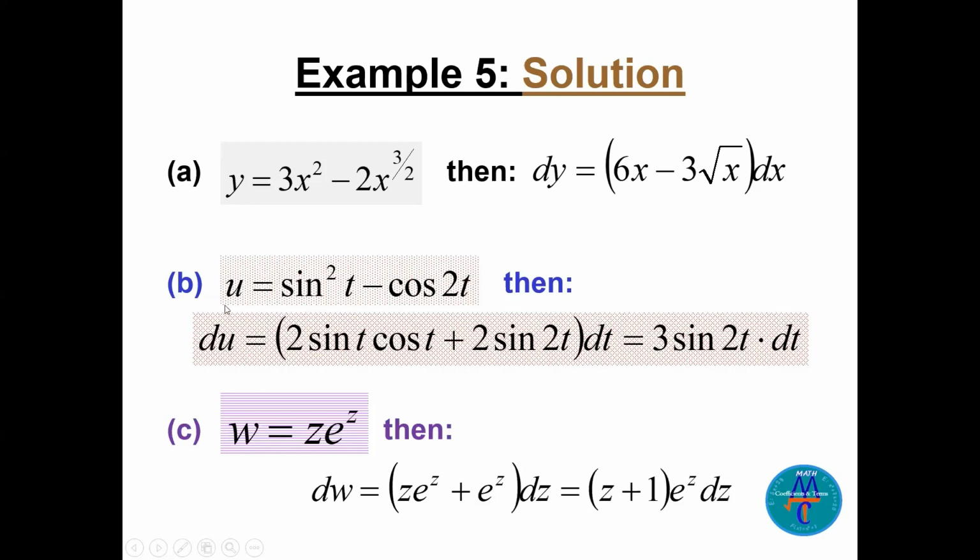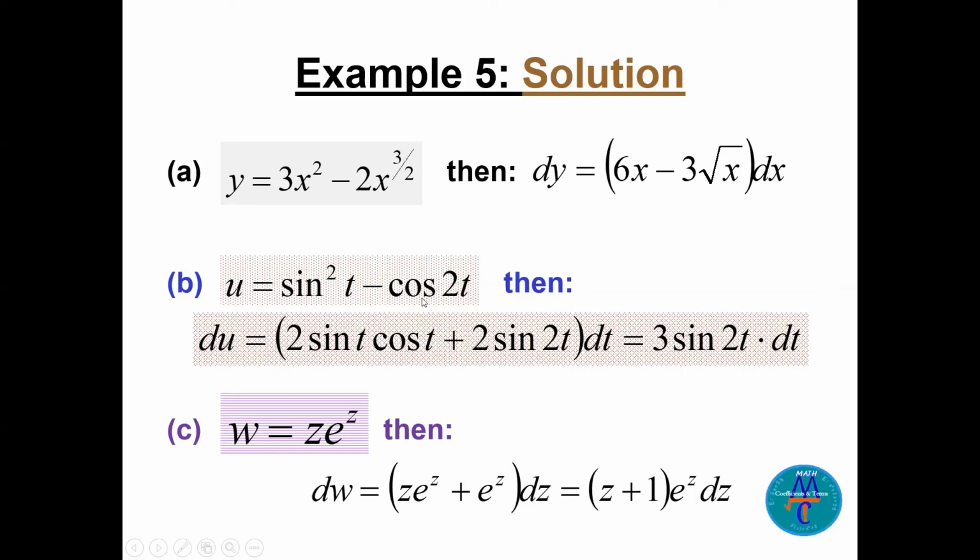Now look at this one. U is sine squared of t minus cosine of 2t. Find du. So find the derivative of this one. Bring 2 down, 2 sine of t, 2 minus 1, times the derivative of sine of t, which is cosine of t. Here we have plus, because there's a minus there, and for cosine of 2t we have to use the chain rule.